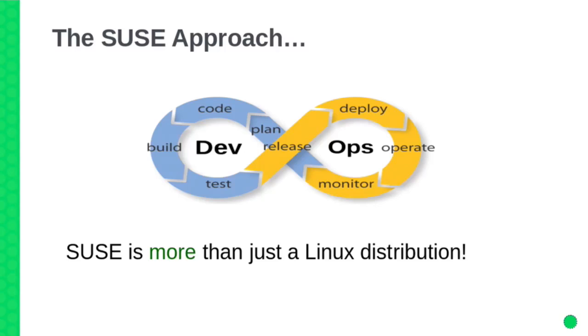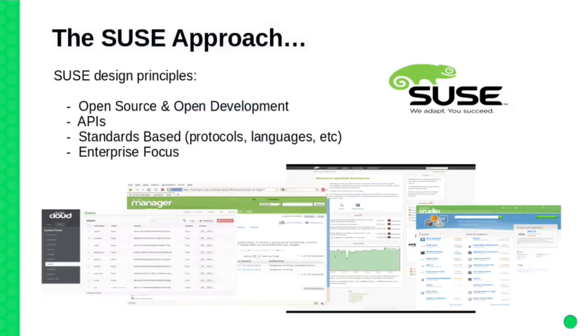So we're more than just a Linux distribution. We have tools available that fit within all the quadrants of DevOps that help you drive your DevOps environment. Remember that old commercial, Rolaids, how do you spell relief, right? So how do you spell DevOps? S-U-S-E, right? So let's talk a little bit about our approach and our tool set.